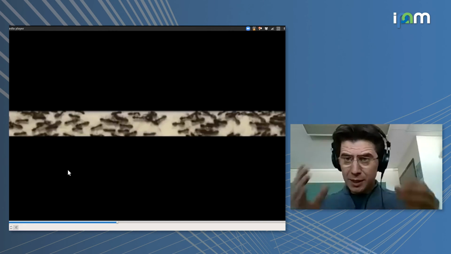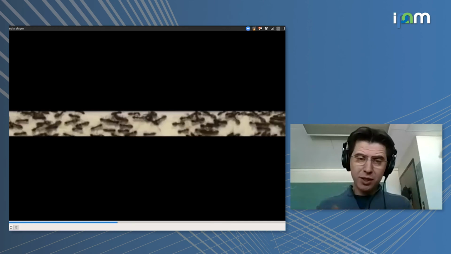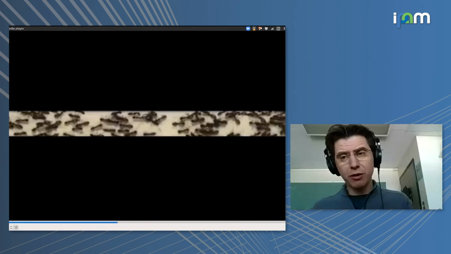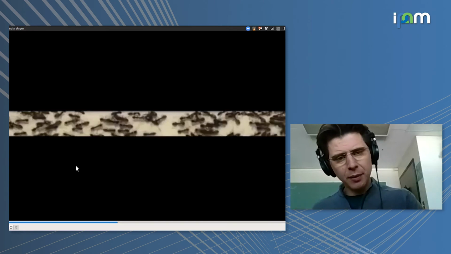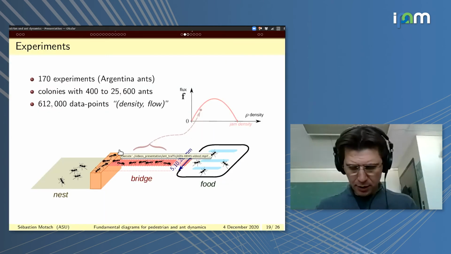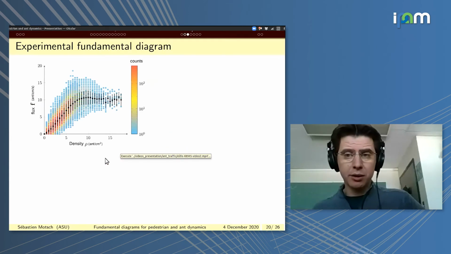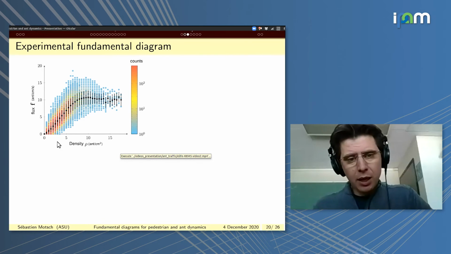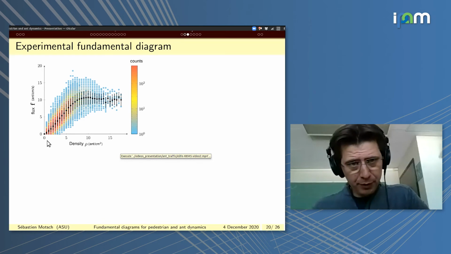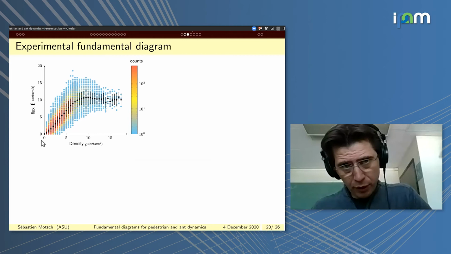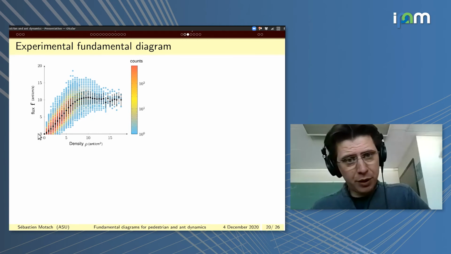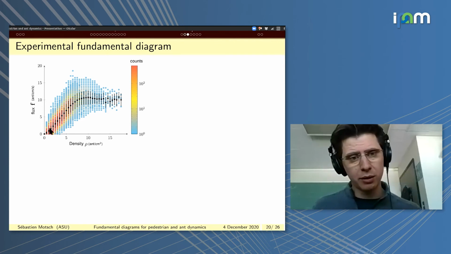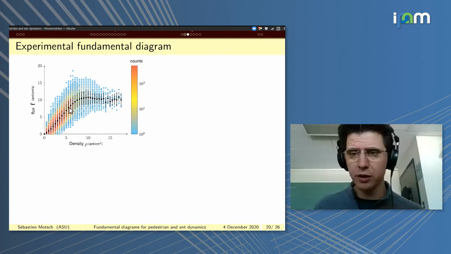So despite this mess, can we see some fundamental law? Can we get some information about what's going on here? Let me show you the data points. Here are the 500,000 points. What you observe first is a free flow regime: as you increase the density, with more ants on the bridge, you also increase the flux.